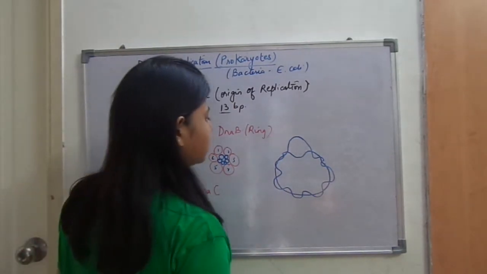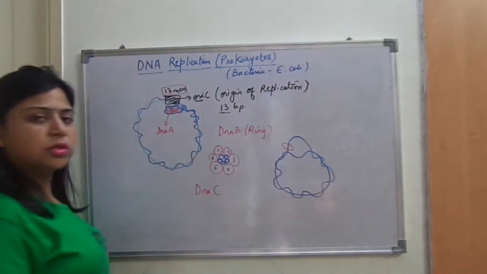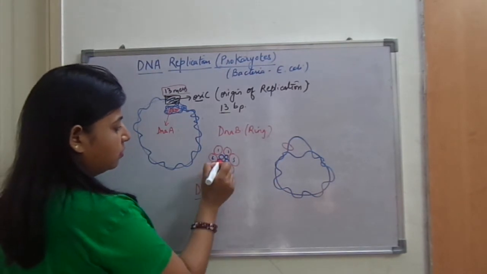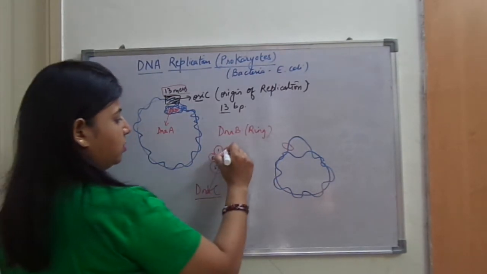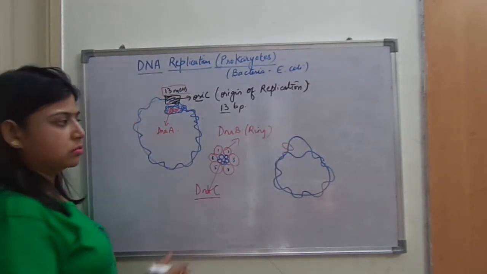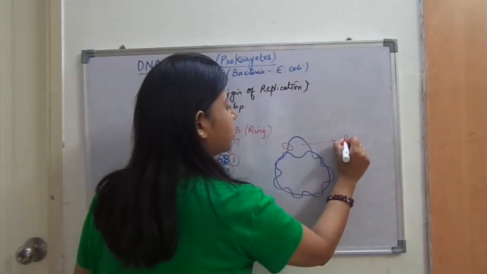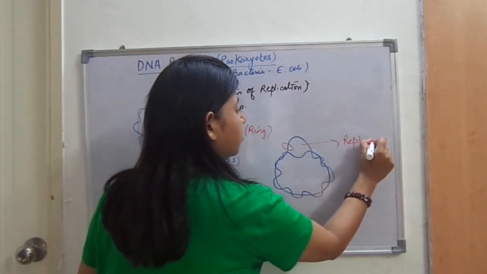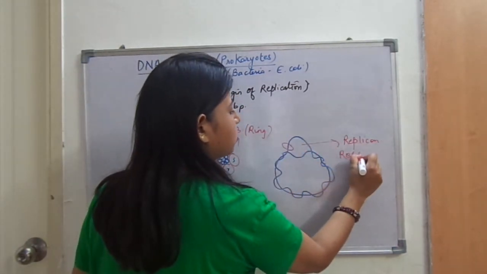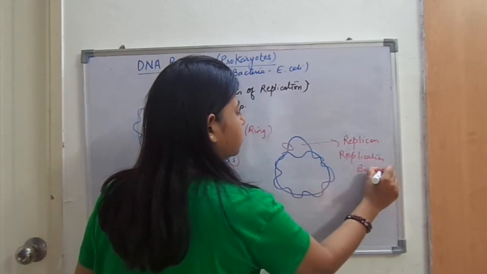And the helicase enzyme, which I had drawn over here, will come and attach to this position, and this blue portion, that is DNA C, will be released, and the red portion will be attached to this side of the replication unit. Now, what is this? This replication unit is known as a replicon, or you can see it looks like a bubble. It is also known as a replication bubble. This is a replication bubble.